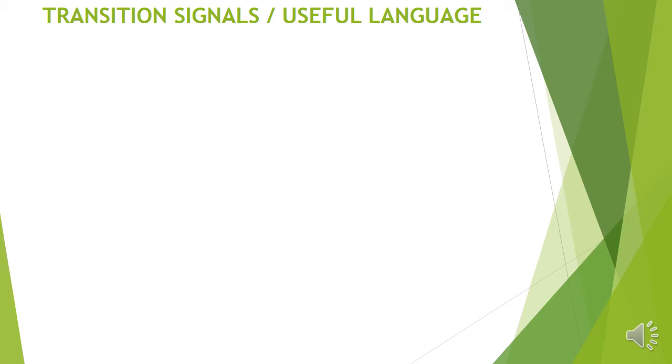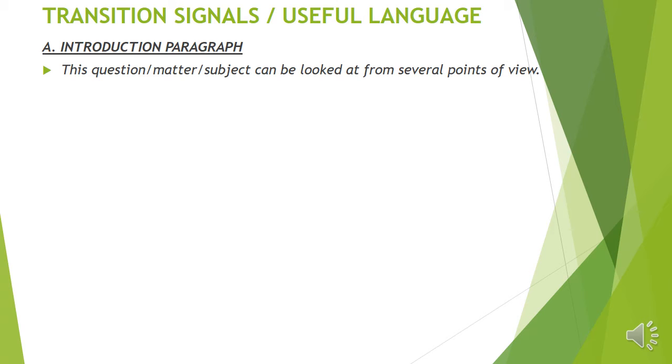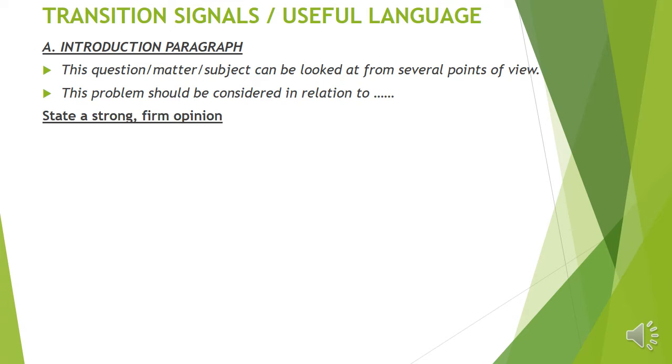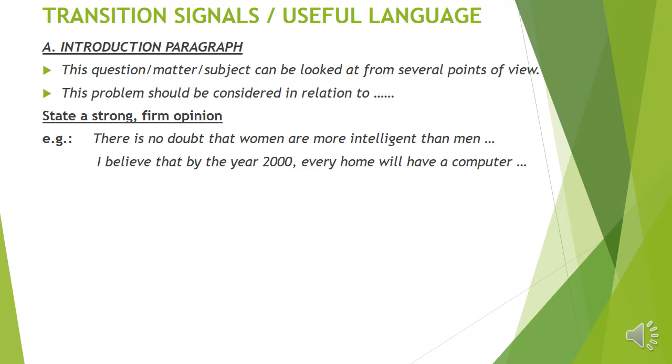Transitional signals or useful language. Introduction paragraph: this question, matter, or subject can be looked at from several points of view. This problem should be considered in relation to blah blah blah. Set a strong, firm opinion. For example, there is no doubt that women are more intelligent than men.